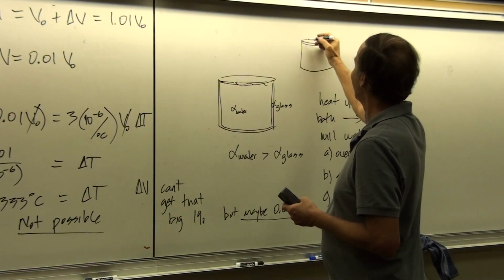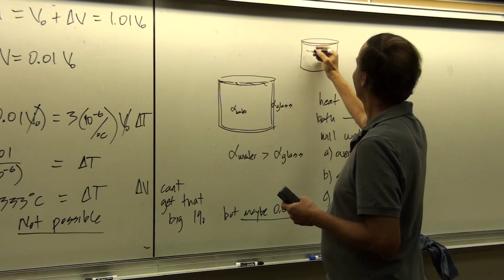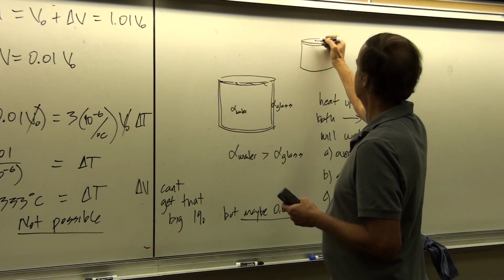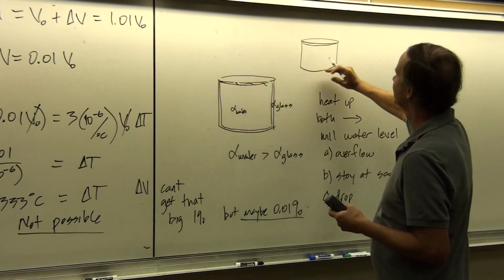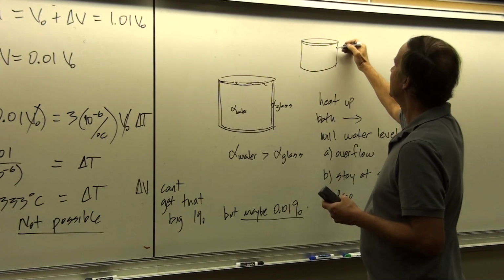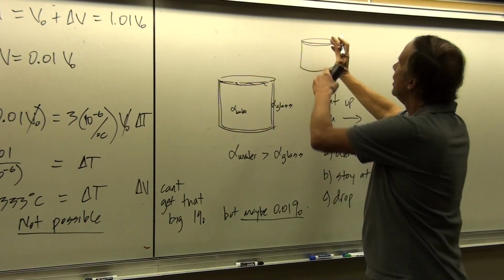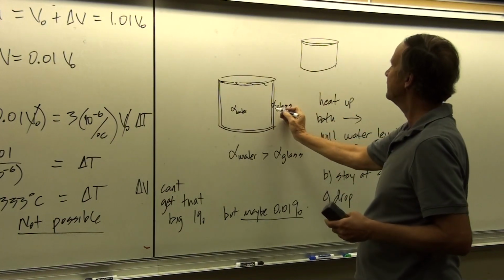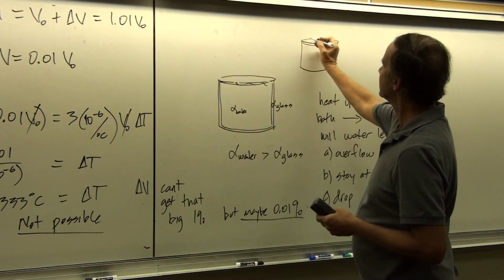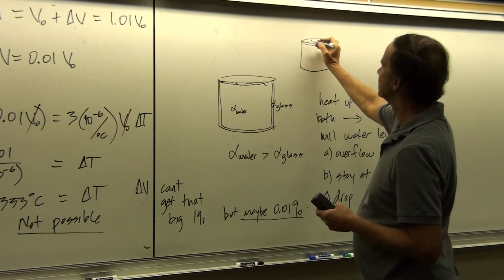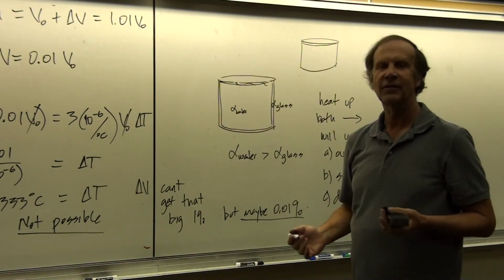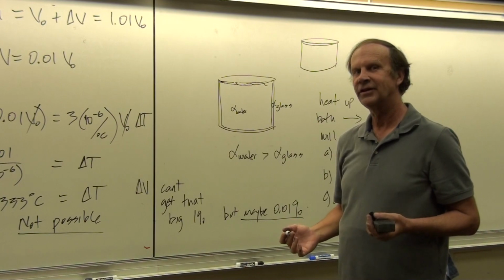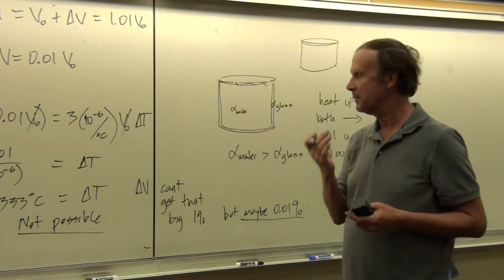Because it's like a hollow cylinder, and although it's enclosed on the bottom, you can think of this as just being a big hole. But that hole will grow just as fast as if this thing were made out of solid glass. And so the glass, when it expands, takes the hole along for the ride. So the hole doesn't get smaller, the hole gets bigger.